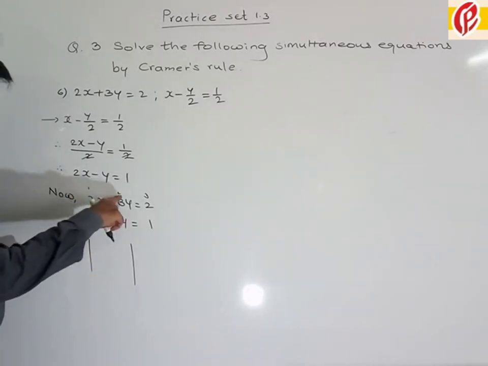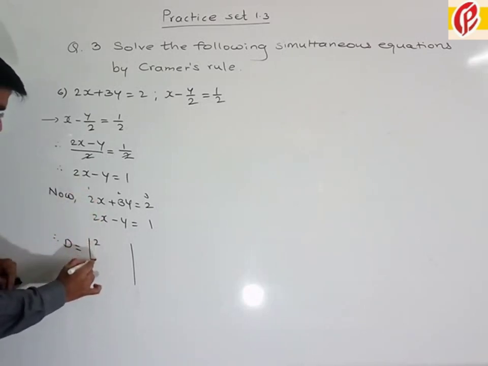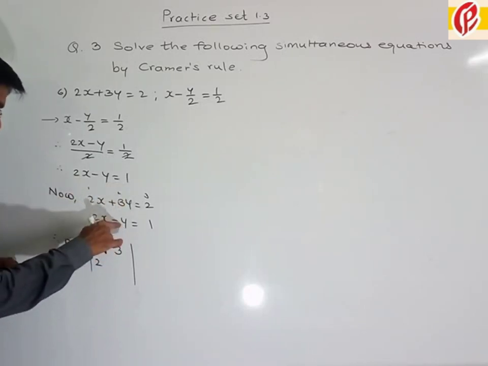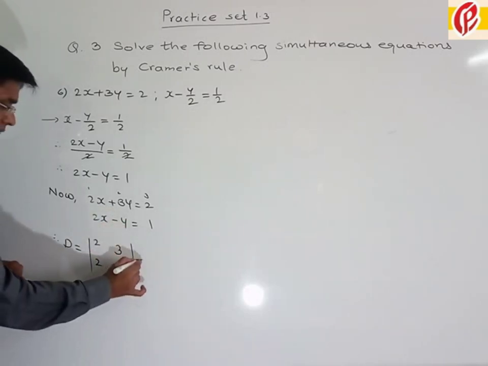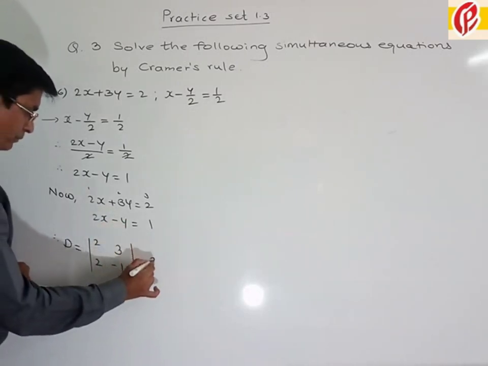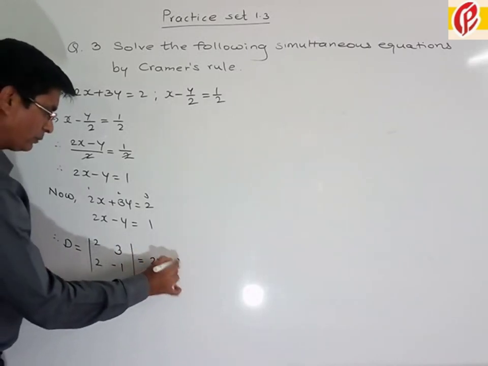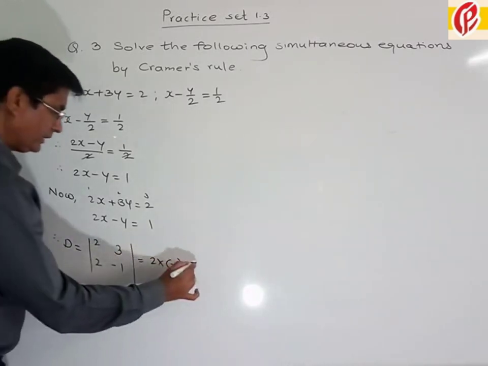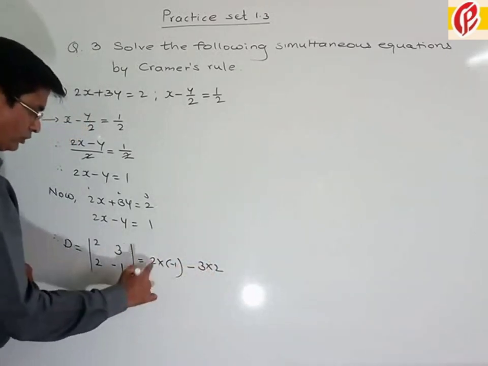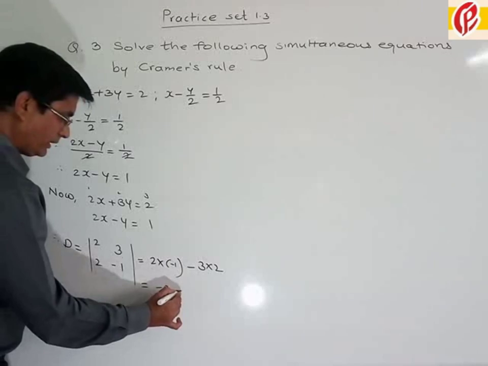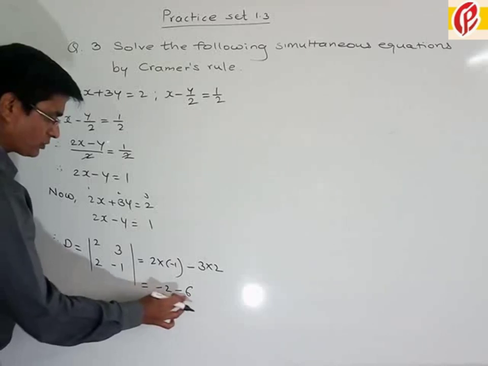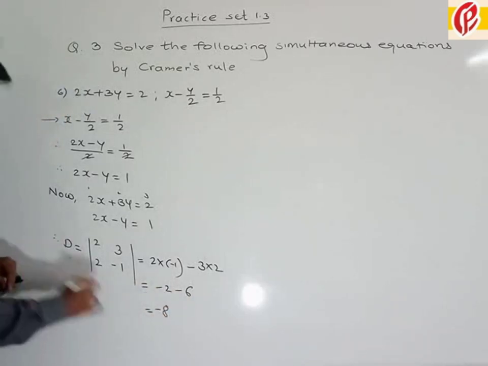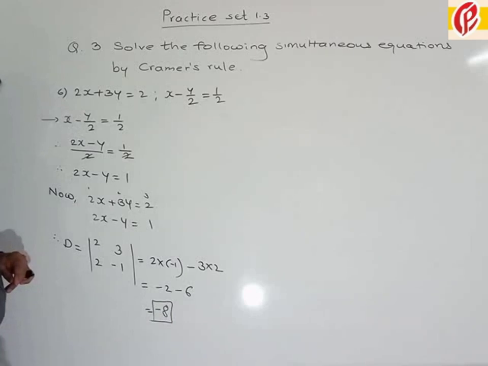The coefficients under 1 are 2, 2, and here 3, and here is minus 1, there is no written coefficient so it is minus 1. Therefore cross multiplication: 2 into minus 1, the negative number put in brackets, then minus 3 into 2. So 2 into minus 1 is minus 2, and this minus sign 3 into 2 is 6. So minus 2 minus 6 is minus 8. So we get d is equal to minus 8.